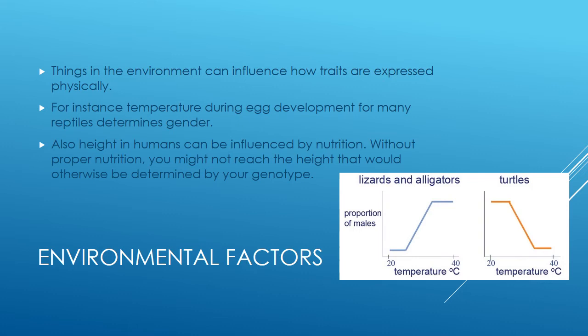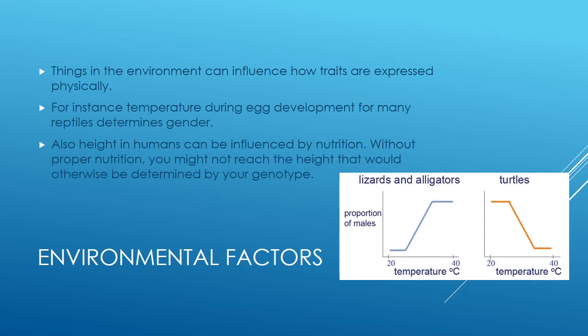If the temperatures are in a certain range during the egg development, it can cause the babies to become one sex versus the other. In the example I have here, the higher temperatures tend to produce more males than the lower temperatures, and then there's a medium that tends to be more balanced. With some turtles, it's the opposite, where the higher temperatures produce the girls, and the lower temperatures produce the boys. It's kind of funny how it does that.